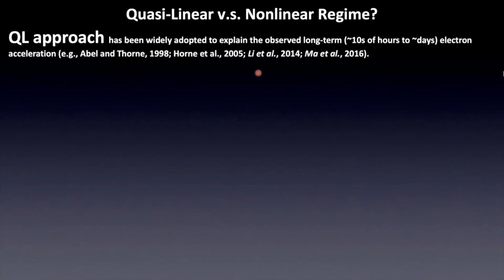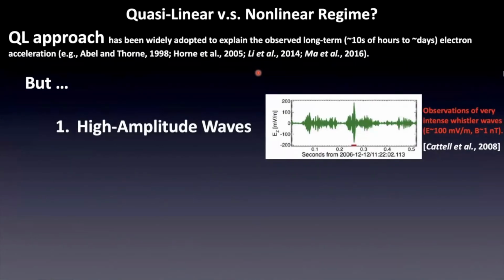But recently, it has been shown that a significant portion of these waves can be strong enough, approaching hundreds of millivolts per meter, to trigger those nonlinear effects we just talked about.